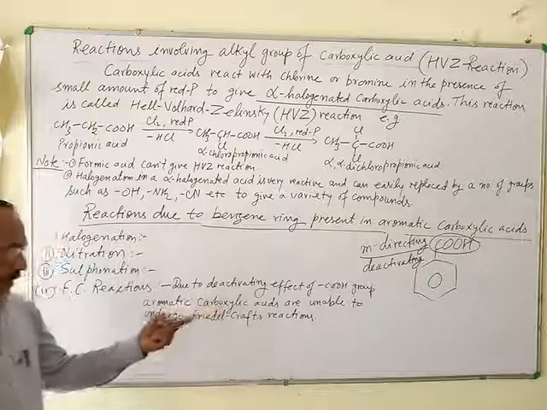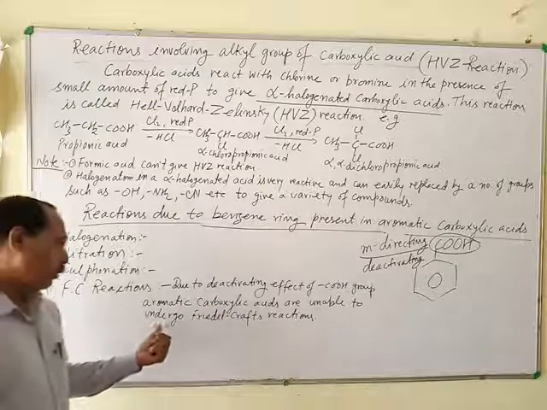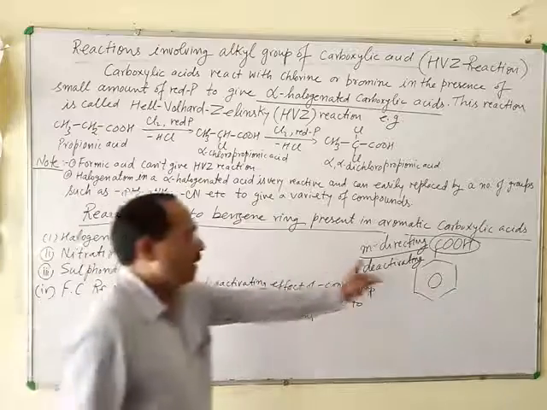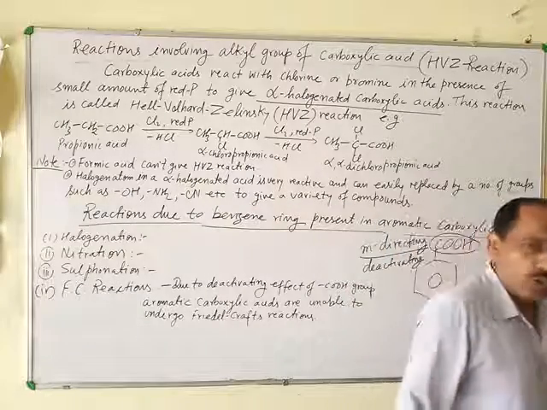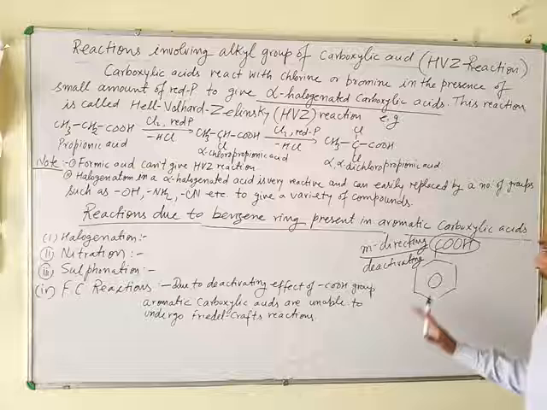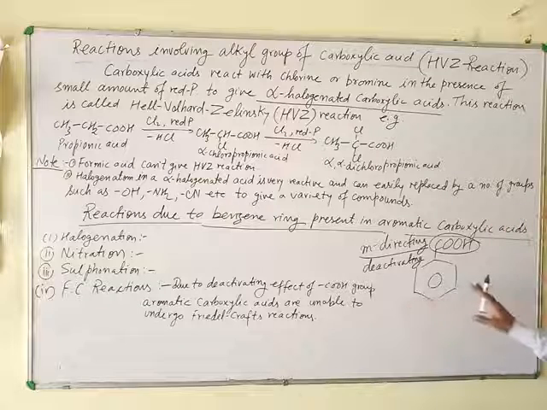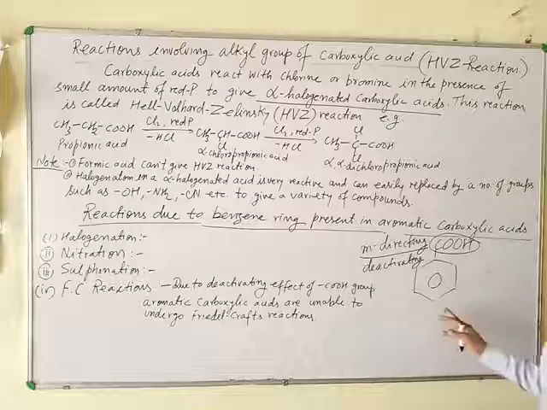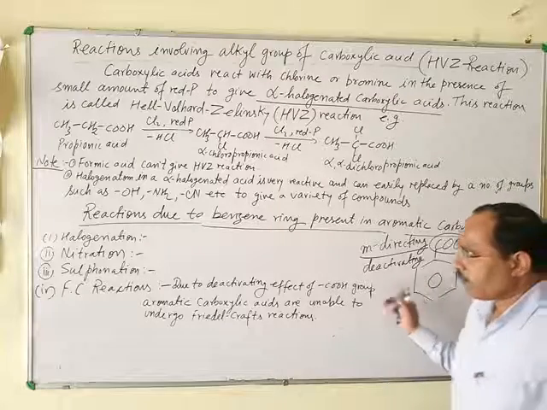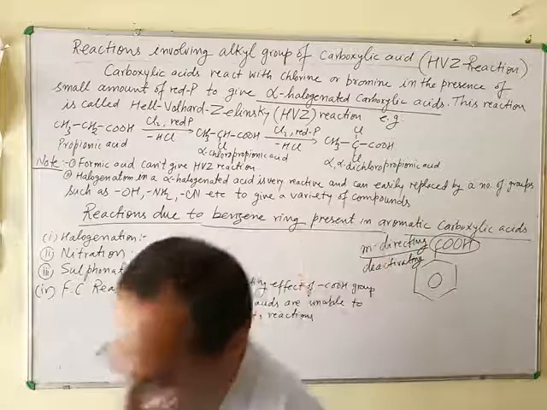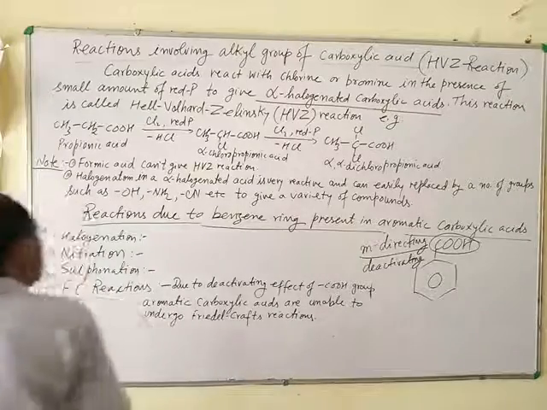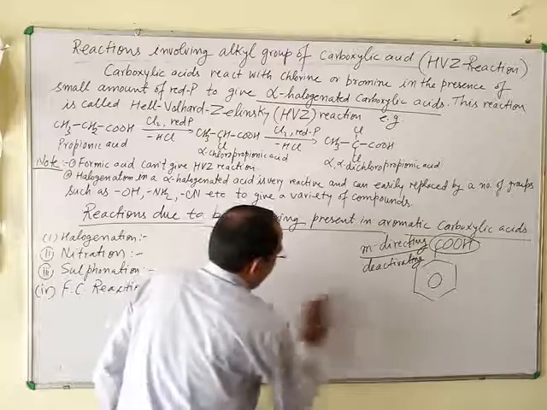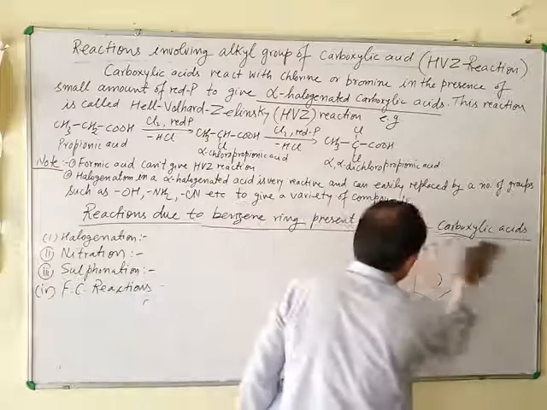Aromatic carboxylic acids are unable to undergo Friedel-Crafts reaction. Means deactivating effect of COOH group makes it unable to undergo Friedel-Crafts alkylation as well as acylation reaction. That's why only chlorination, bromination, nitration and sulfonation reactions are given by benzoic acid.